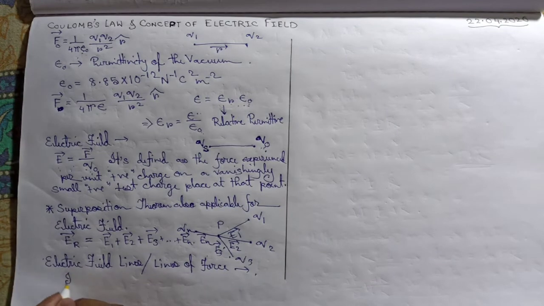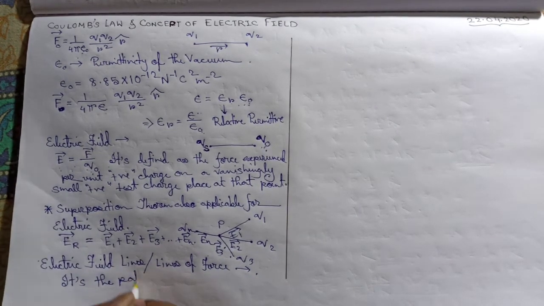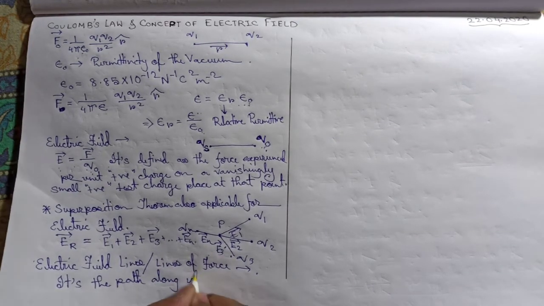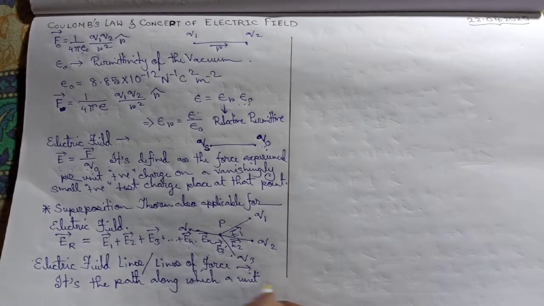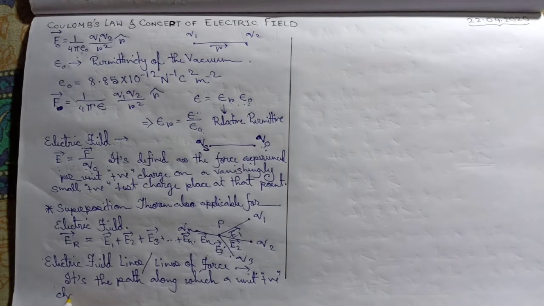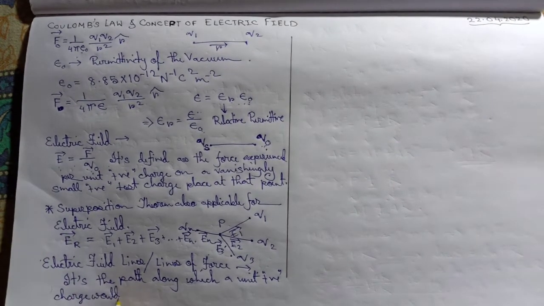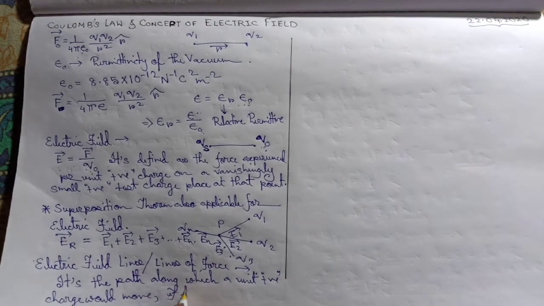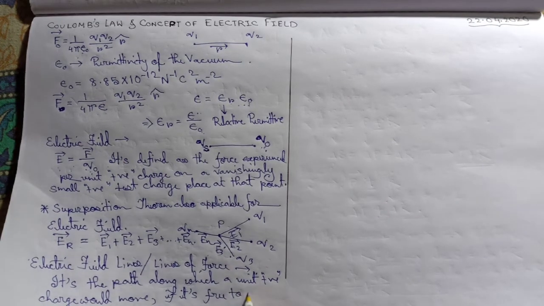So it is the path along which a unit positive charge would move if it is free to move.